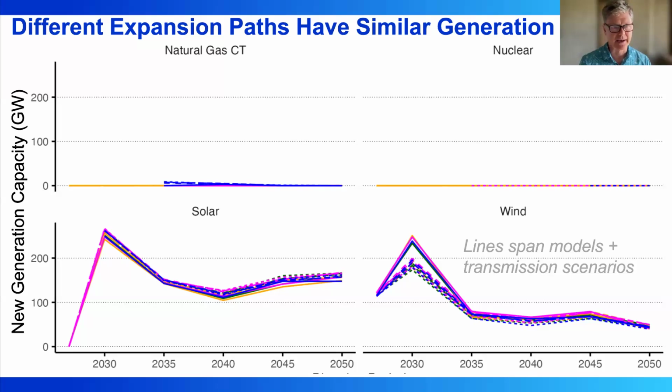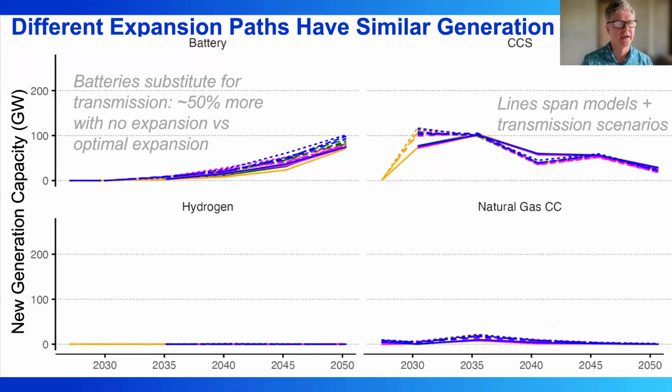It's really dominated by solar and wind. And there's a little bit going on with combustion turbines, but mostly we'd be using the existing fleet of thermal generation. The next slide shows other key capacities.